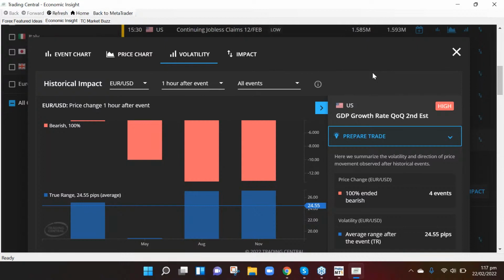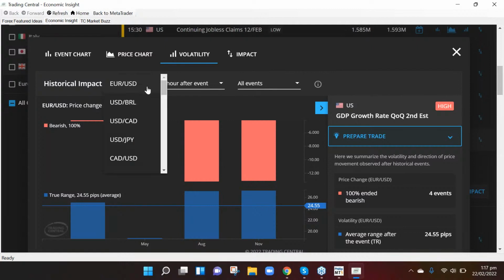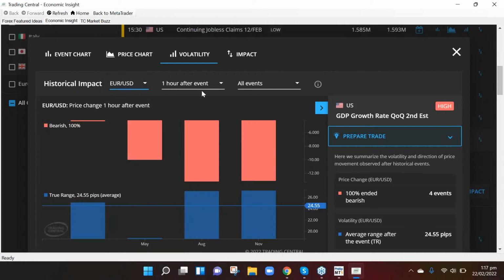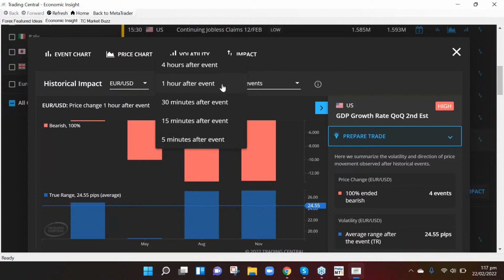And this tab can help you prepare your trade if you are trading Forex pairs. First of all, you can choose from almost 170 pairs. Then you can choose the observation period. So there are calculations done.